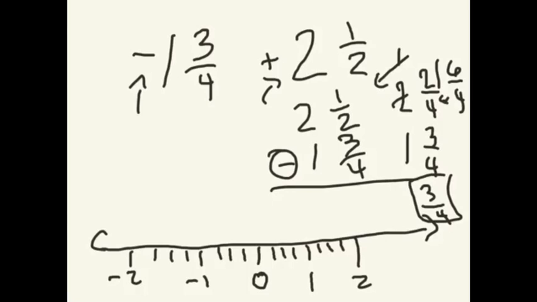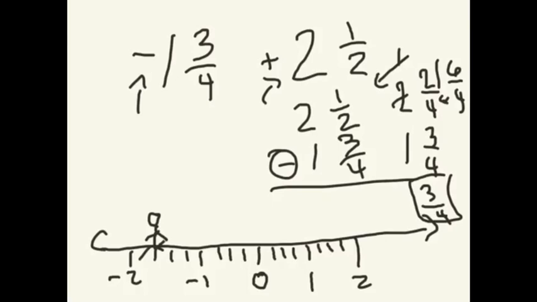Now if I look on my number line, I decided to do my number line in quarters because I knew going into this that my common denominator would be quarters. So here I am, this is me, and I'm standing at -1 3/4. I am moving myself 2 whole spaces and then half a space.